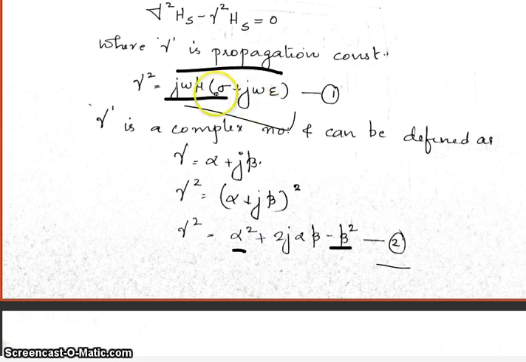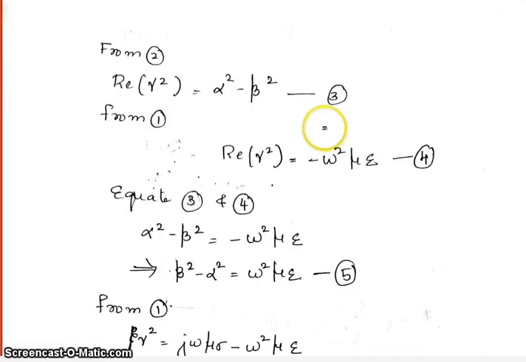Here j and j gives j square, which will be minus 1. So that is our real part: minus omega square mu epsilon is the real part. So, comparing equations 3 and 4, I can write alpha square minus beta square is equal to minus omega square mu epsilon.